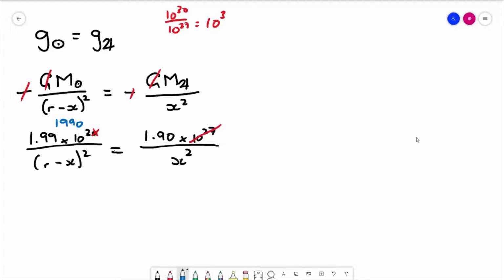Okay. Next, we're just going to do some rearrangement. So we'll cross multiply, that goes up there and that goes up there, and what we're left with then is 1990 x squared is equal to 1.90 multiplied by r minus x all squared.